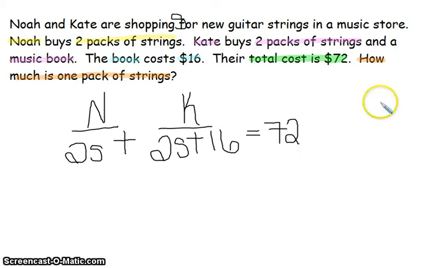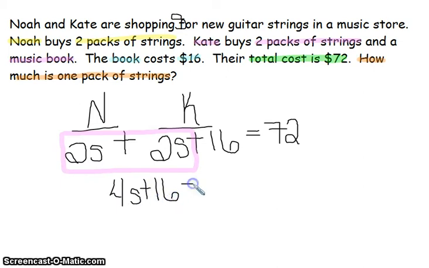From here, you just need to identify your like terms. In this case, it's pretty simple because they are side by side. 2S, because it's 2 packs of strings, plus 2S, which is 2 more packs of strings, meant that they bought 4 packs of strings total, plus the $16 for that book equals $72.